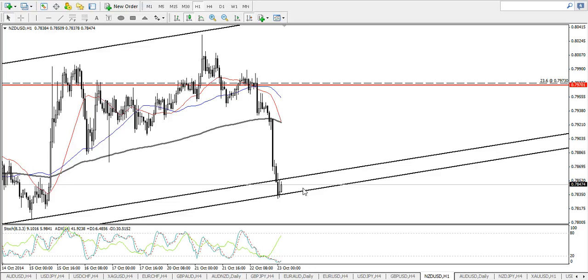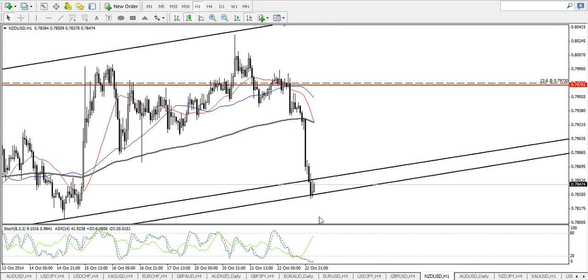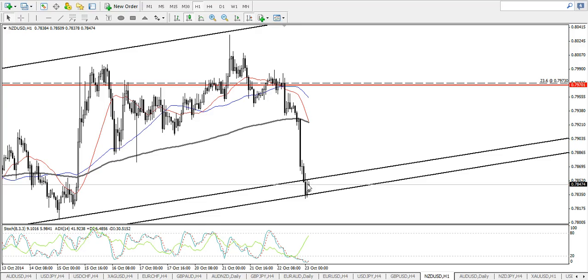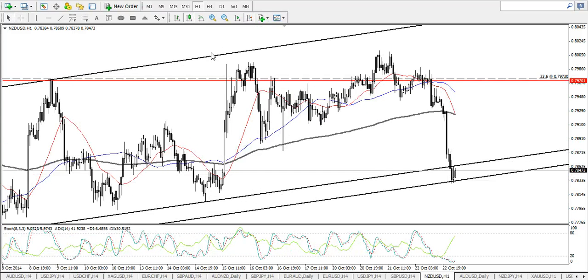Zooming in to the 1-hourly chart, there is already a reversal candle and confirmation is about to form. So in about 25 minutes, if it forms a confirmation, then that will be a very good chance for a long opportunity.